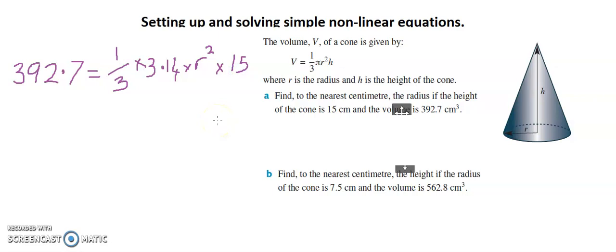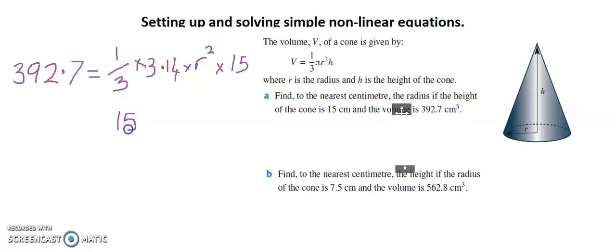Now, we can simplify this just to make it easier for ourselves. So we are going to go 1/3 times 3.14 times 15. So that is equal to 15.7.